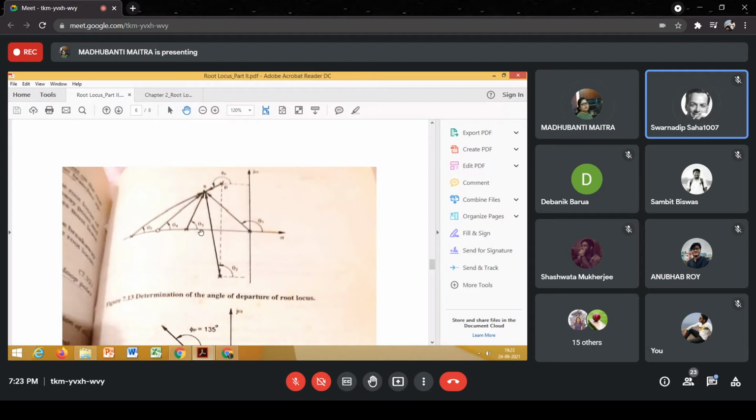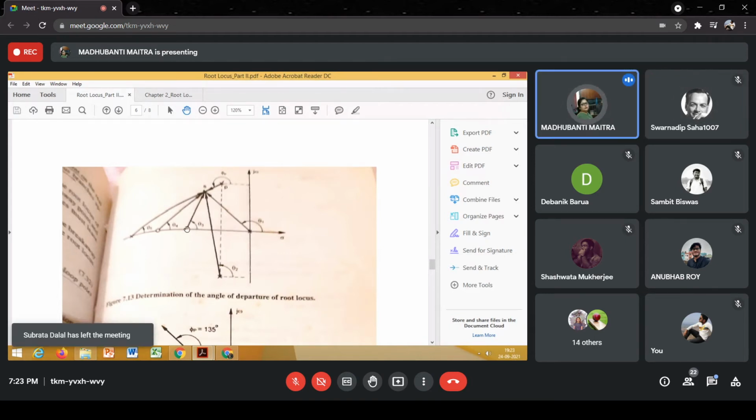Yes, ma'am. Similarly, the root branch which will originate from this open loop pole will do so with an angle which is 0 degrees. Yes or no? Yes, ma'am.